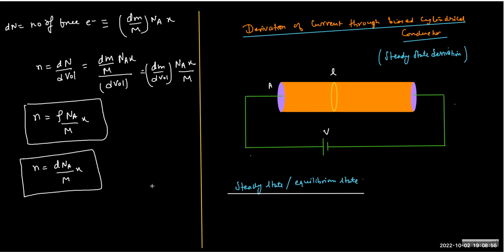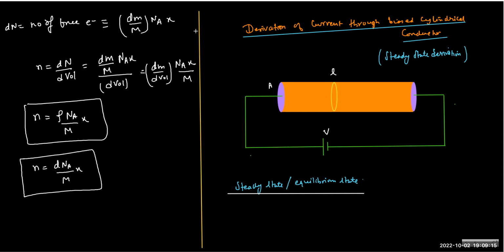Which means if you take a conductor and cut it into infinite elementary pieces, and each piece gives you the same value of concentration, it means the charge distribution is in equilibrium. So that is the meaning of steady state here.